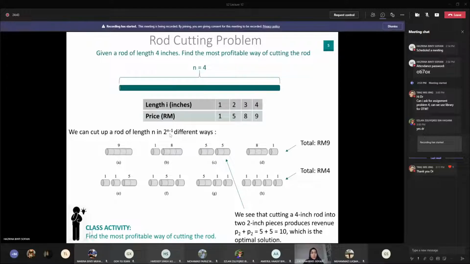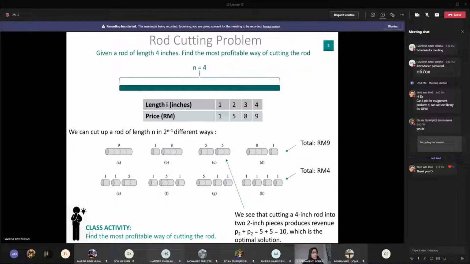So let's say we have n equivalent to 100. So it will be 2 power of 99, right? So you see how many scenarios this algorithm is going to run. So that is why the time complexity is very high.